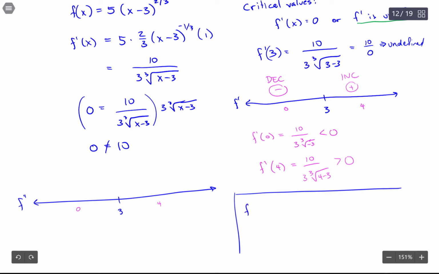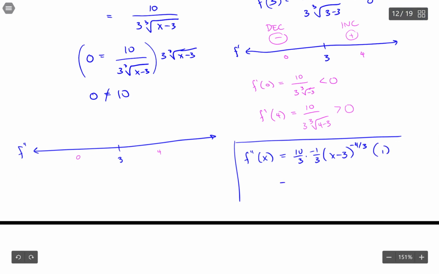All right, so the second derivative, I am working off of this form right here. So we have the 10/3, bring the exponent out front, so times -1/3. Leave the inside part alone, subtract 1 from that exponent, and multiply by the derivative of the inside part.